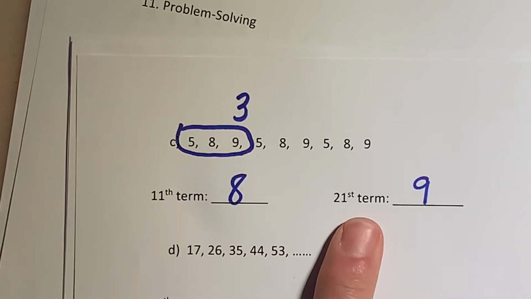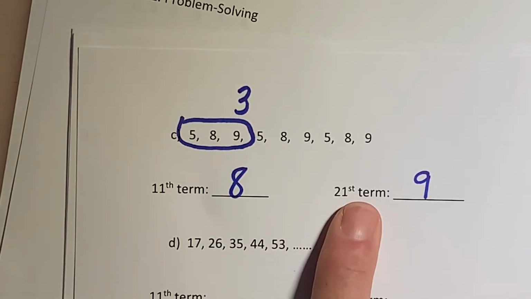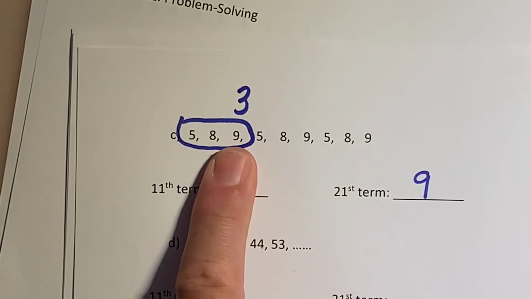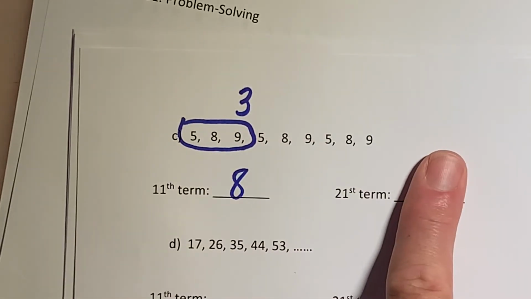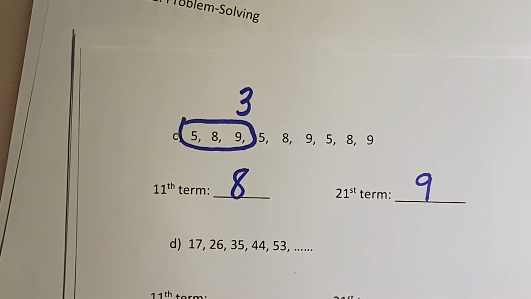And so if I ask them for a larger number, like the 45th term or the 50th term, the idea is that they'd maybe take a shortcut by counting by 3s. If I put a pattern with 5 numbers in the core, then they would count by 5s. Okay, so that's the shortcut that we talked about.